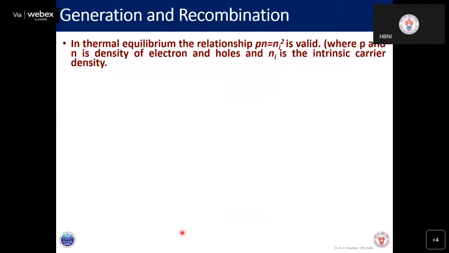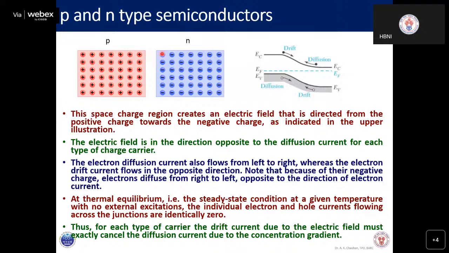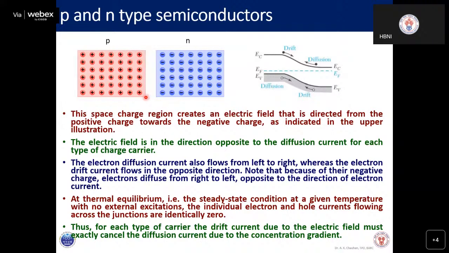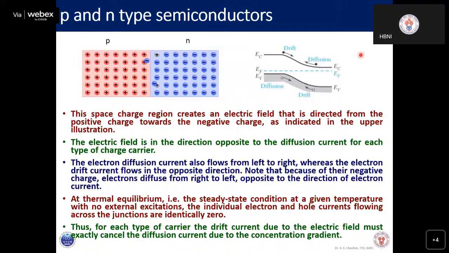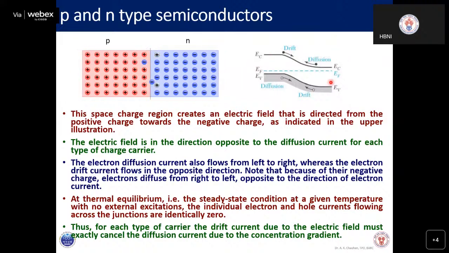So this was how a PN junction behaves when it is formed: electrons move from one side to another, and then you have an electric field or a built-in potential developed. This is called the built-in potential.